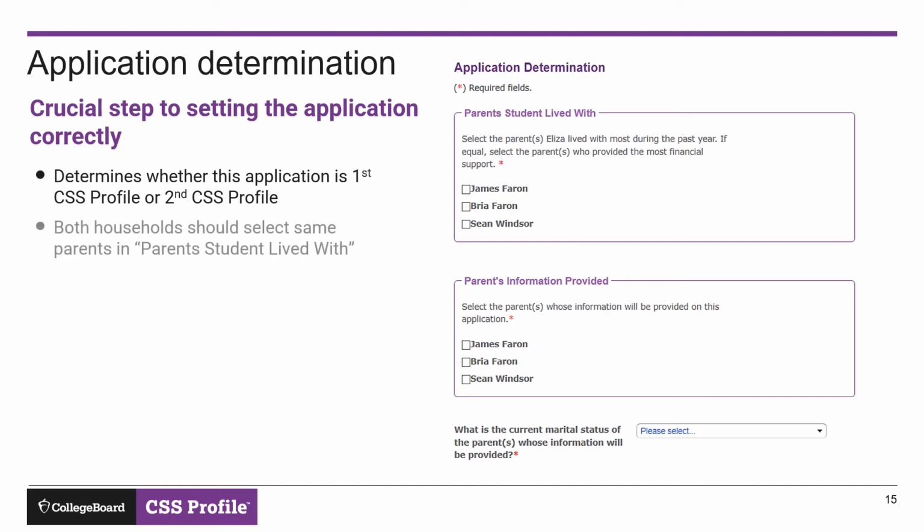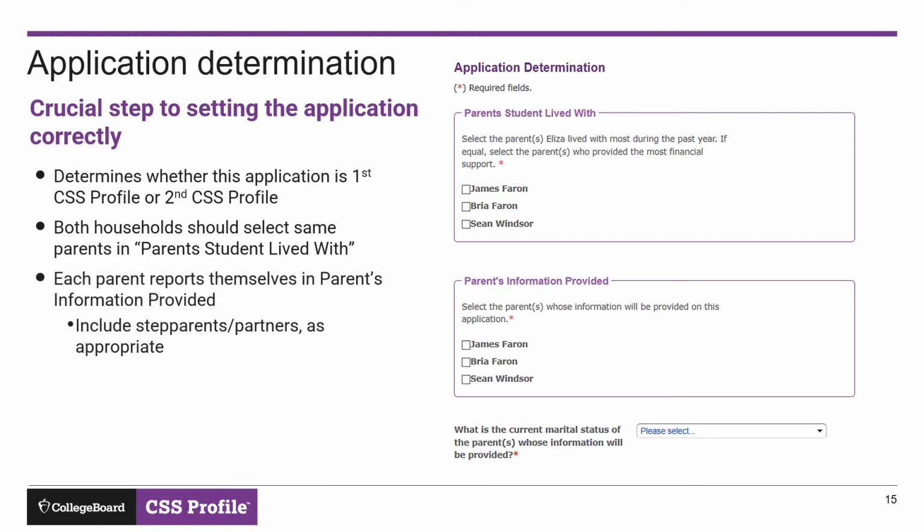Both CSS Profile applications should have these parents identified in the Parents Student Lived With question. Second, we ask which parents will be completing the rest of this application. If it's the parents the student lived with, the application becomes the first CSS Profile. If it's the other parent, the application becomes the second CSS Profile.